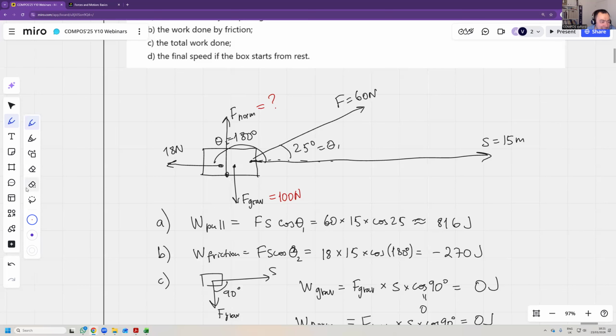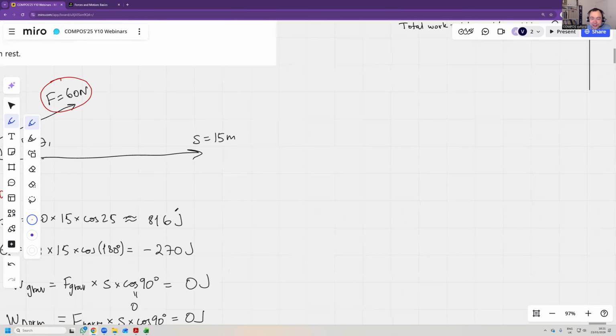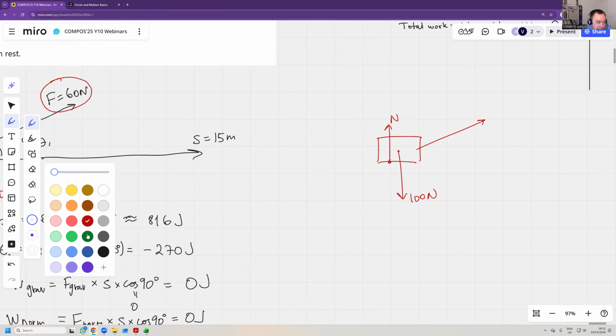The reason for that is because of the force you're pulling up. So you're sort of lifting the box off the ground, so you're reducing the normal force. If you look at this situation, there's the gravitational force of 100. There's a normal force, and there's the pulling force, which has two components.